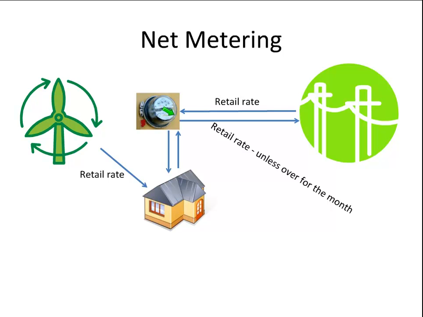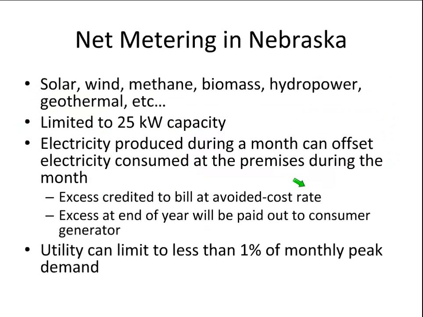And then if we need any power, we're not producing enough at any one time, we're purchasing that from them, with the difference being at retail rate. But if we created more, then we can go against our kind of credit for that. Now, in Nebraska, that credit is only calculated on a monthly basis. Other states do that differently.